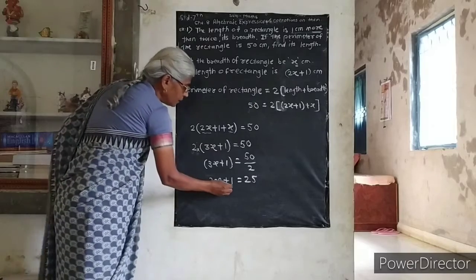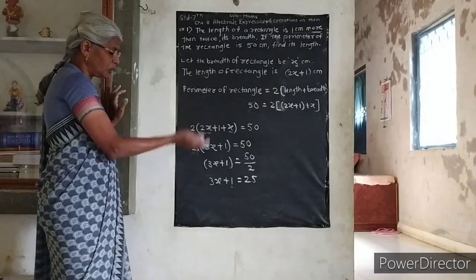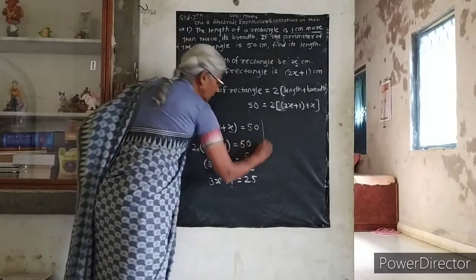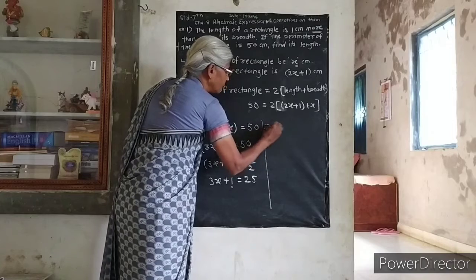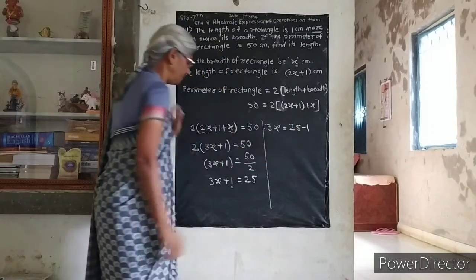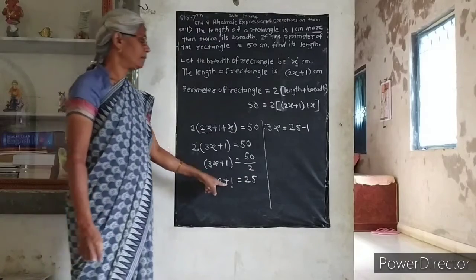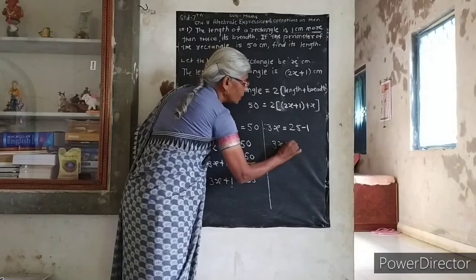Then we transfer the term plus 1 from LHS to RHS. The relation again changes like this: 3x is equal to 25 minus 1. Here the 1 is plus. Therefore 3x is equal to 24.